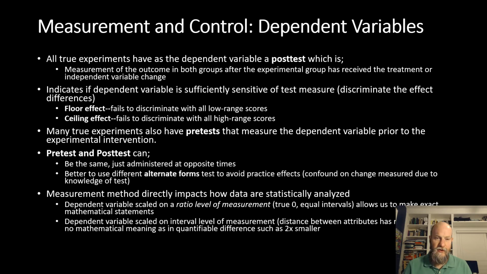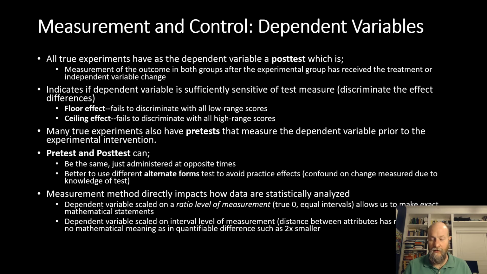So the measurement method that we utilize, the way we measure the dependent variable, the way we arrive at that set of data, has a direct impact on how we can statistically analyze that information, what that data can then be subjected to in terms of statistics. So, for example, we talked about the levels of measurement in a previous chapter.